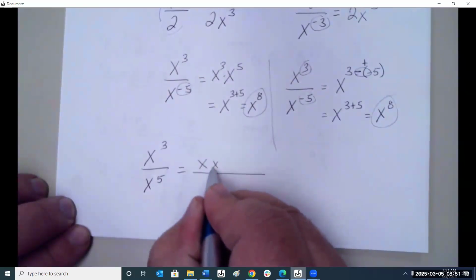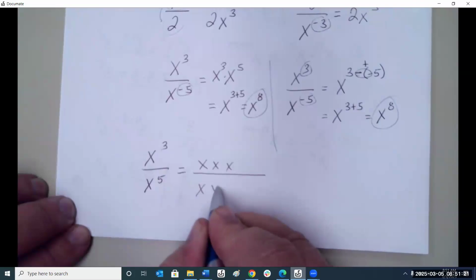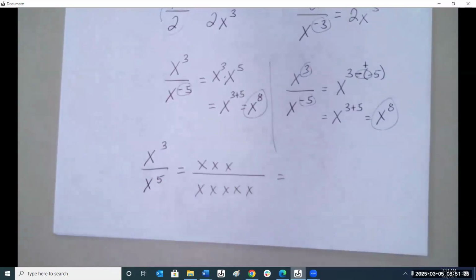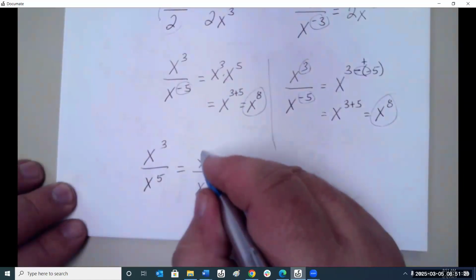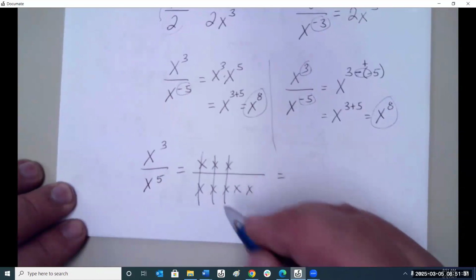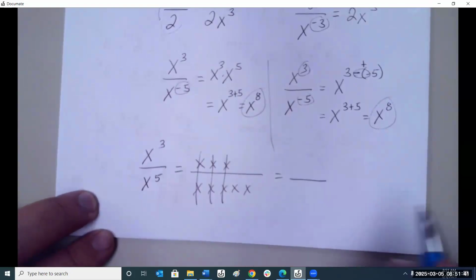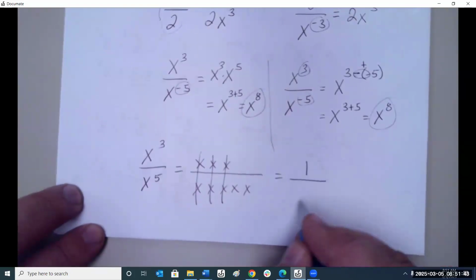We have 3 x's. We have 5 x's on the bottom. Since we're dividing same terms, we can cancel. Once we cancel, what do we have left? Two x's on the bottom. So what's on top? A 1.